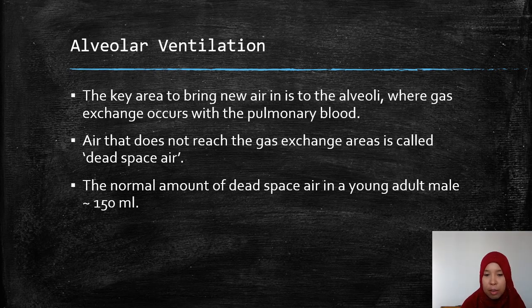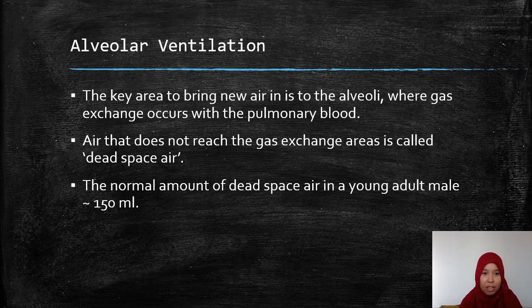So this dead space is divided into two. There is anatomic dead space, and there's physiologic dead space. When we talk about anatomic, we're talking about location. So the area where the air is in, but it cannot be exchanged. For example, in the conducting zone, you have air there.